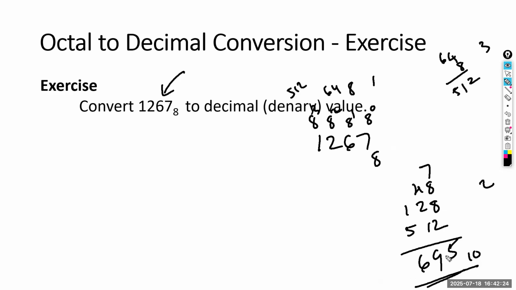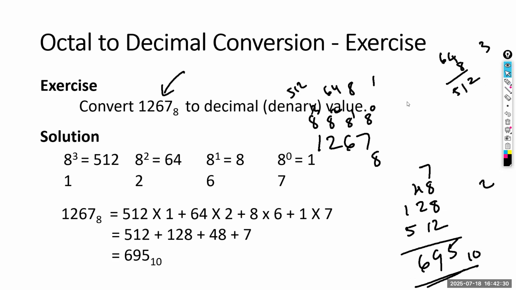Now I can say 695 because now we are in base 10. So that is how you convert octal to decimal.